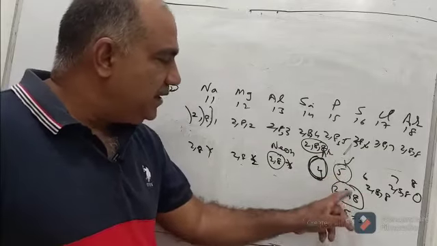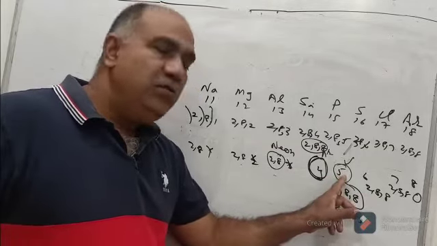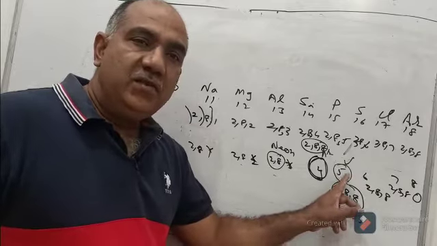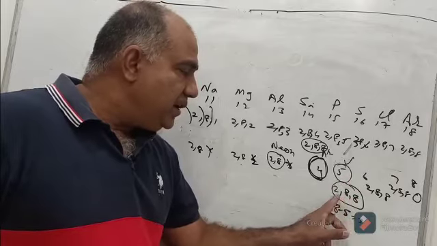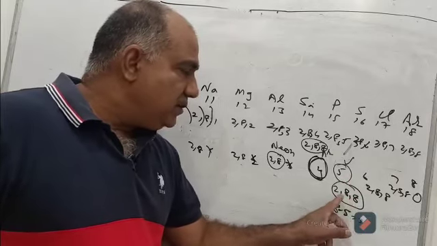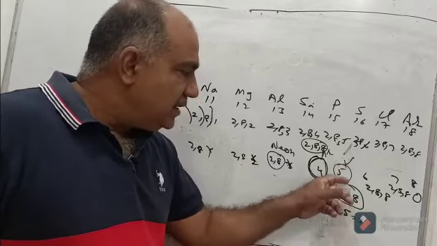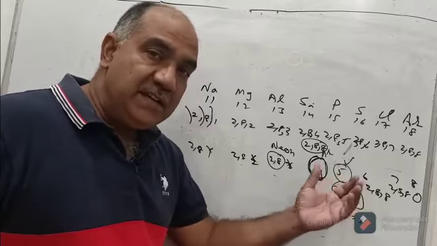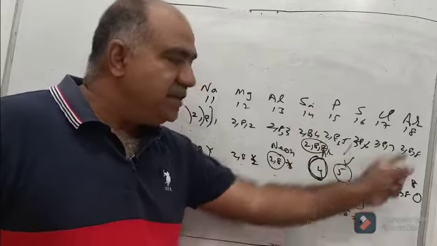So for this one, if you see, it cannot, because of energy consideration, let me again tell you, it cannot lose 5, it will gain 3. So after gaining 3, it will complete its octet in third orbit and it will become 2, 8 and 8. So this becomes noble gas configuration of argon. And now I can tell that here the number of electrons that it has gained to complete its octet is 3. So its valency is 3. Similarly, it is applicable for this.